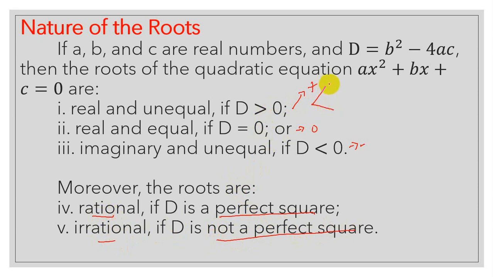The first one is real, unequal, and rational, or real, unequal, and irrational.